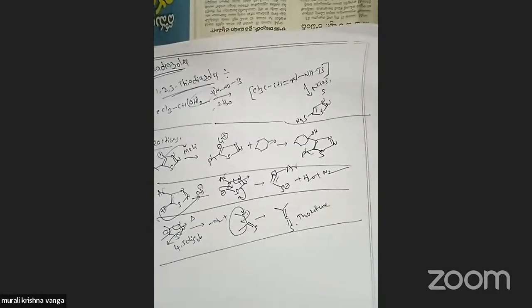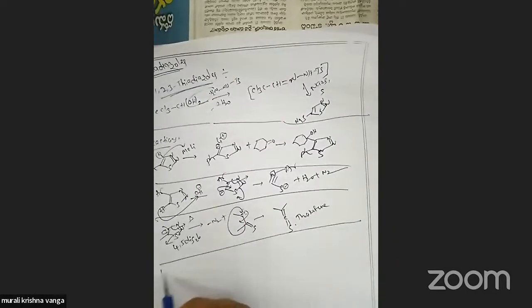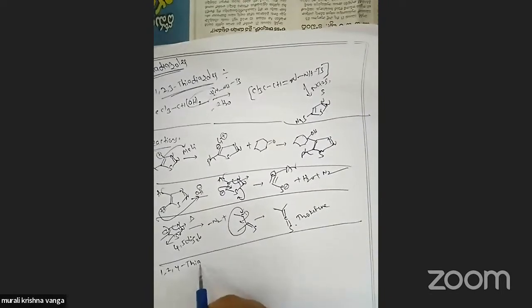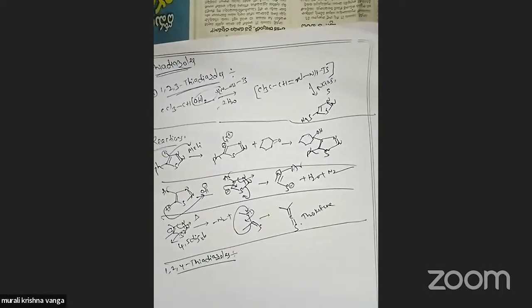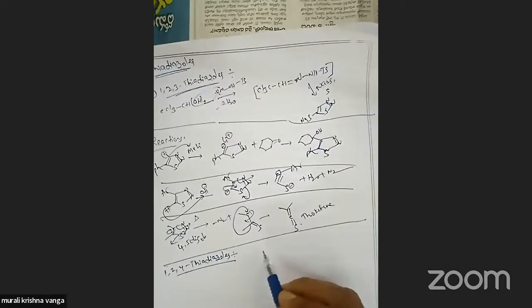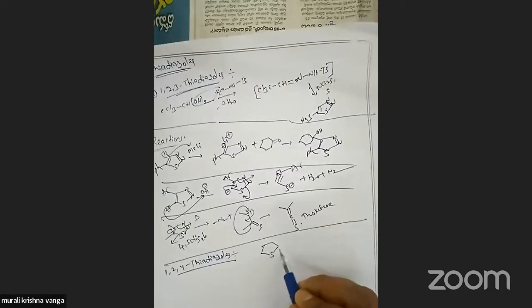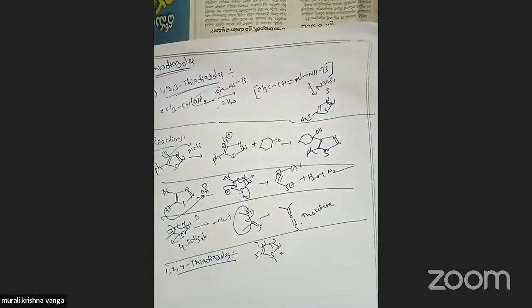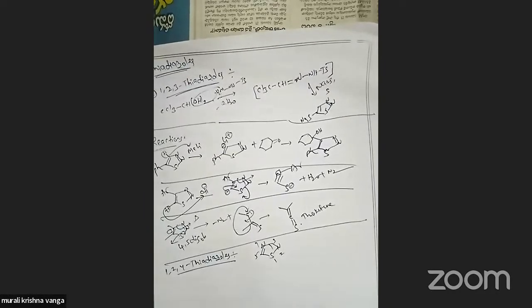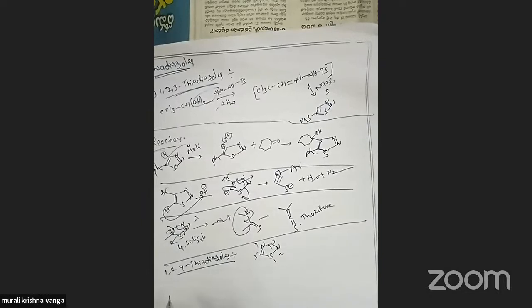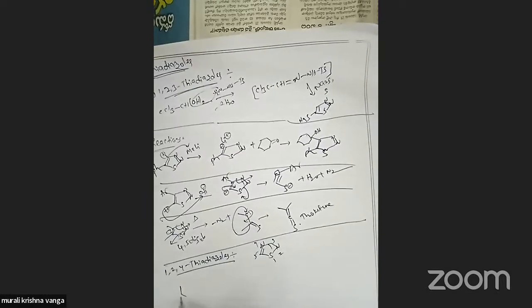Next one is 1, 2, 4 thiadiazoles. For the synthesis of 1, 2, 4 thiadiazoles, the reaction is with thioamide.